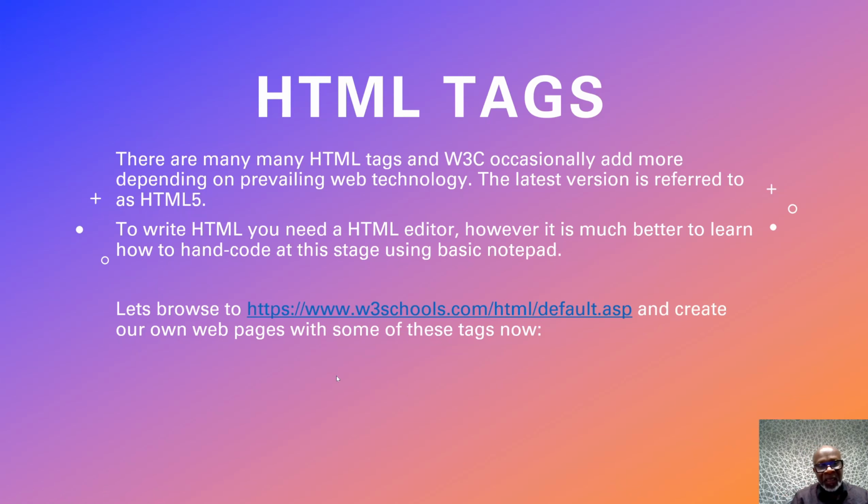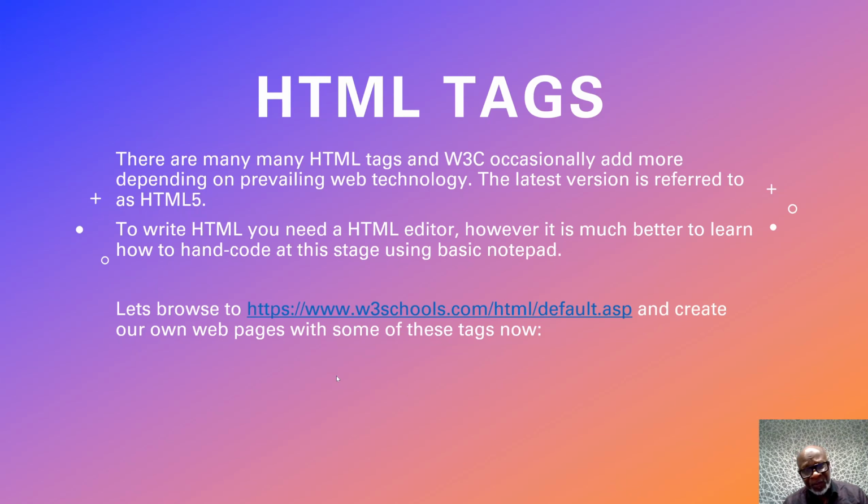This year, 2024, who knows what new tags they may add, or even a new version of HTML. As of right now, HTML5 is still the latest version of HTML.